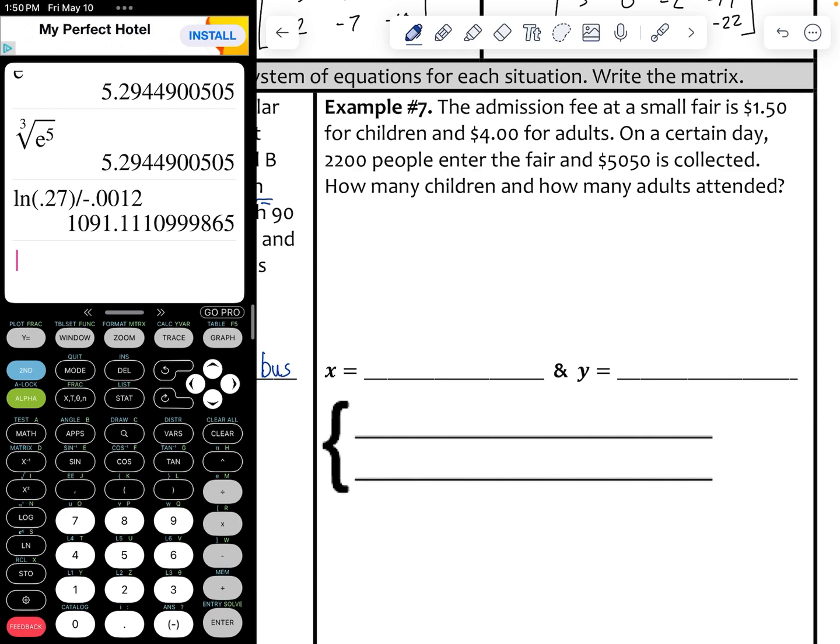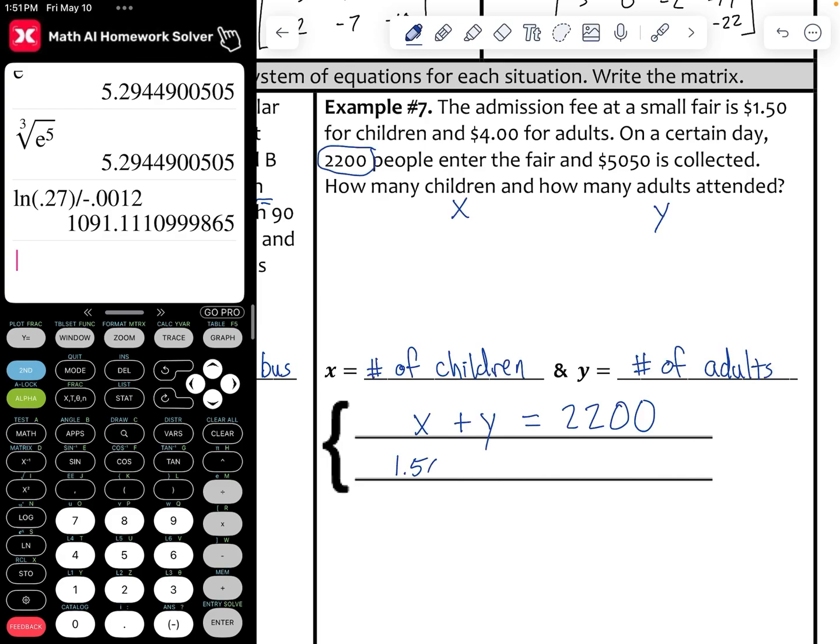So the total amount collected for children was $1.50 times X. You could also just put 1.5X, plus the total amount collected for adults. Adults were $4 each, so $4 times the total number of adults. And that will equal the total amount collected, which was $5,050.